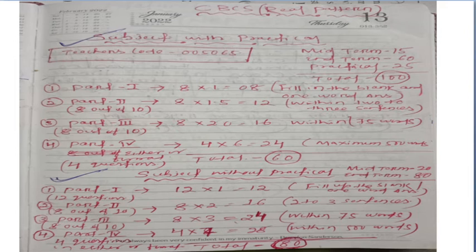In midterm you will appear in an examination of 20 marks, and in the end term it will be 80 marks. The 20 mark question will be set by the college teachers from whom you are learning inside the class, and the end term question will come from the university. I will discuss the question pattern for this 80 marks.